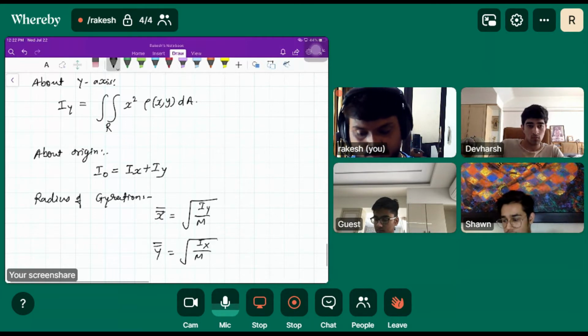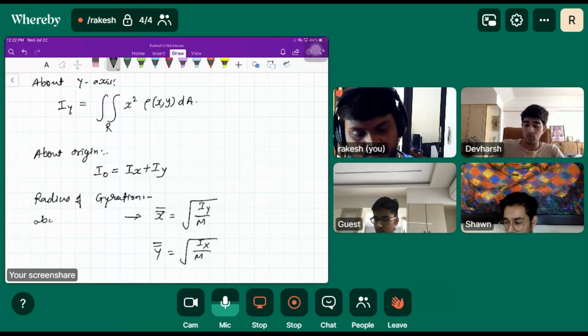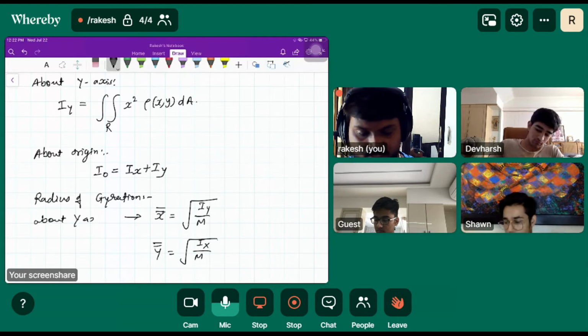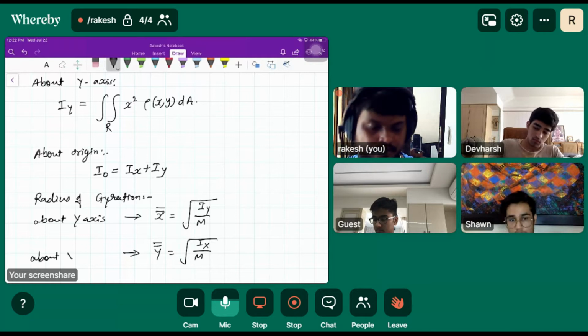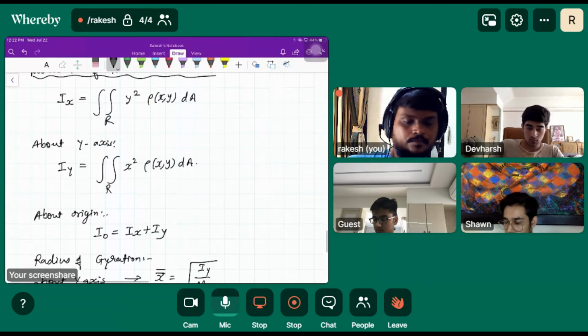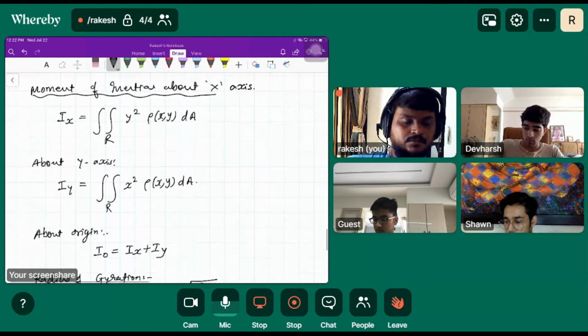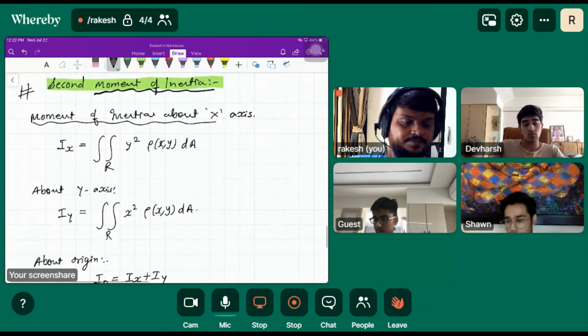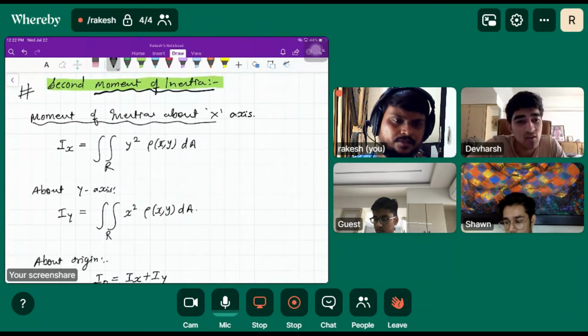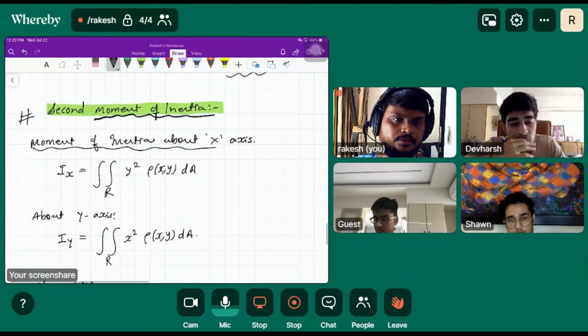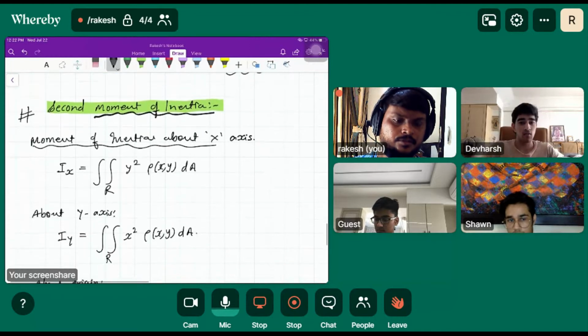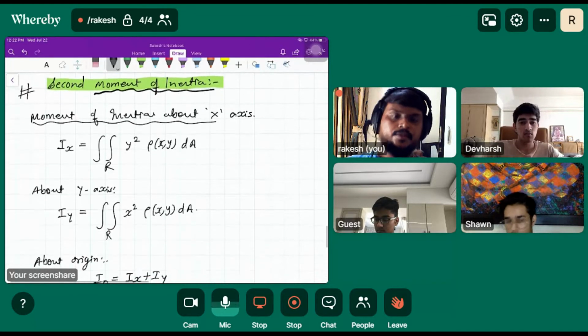Okay, so this we got from about y axis, and this we can get from about x axis. So please complete this. So can you go down? This is there.